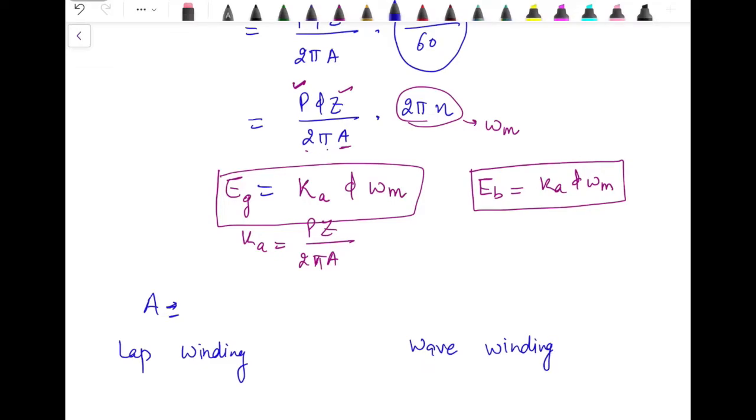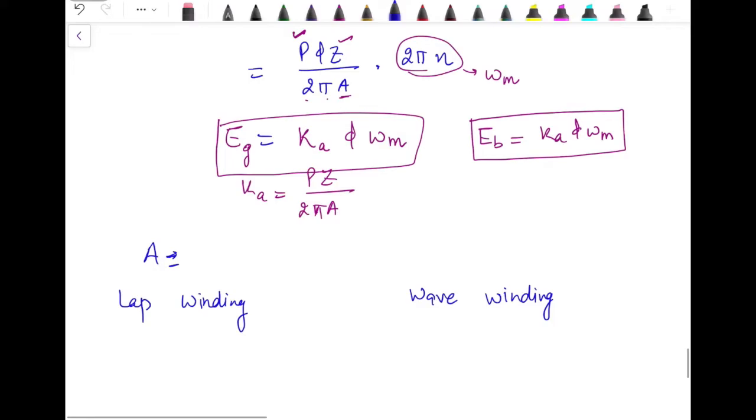In lap winding, the ends of each armature coil are connected to adjacent segments on the commutator, so that the total number of parallel paths is equal to the total number of poles. So A is equal to P, while in case of wave winding, the ends of each armature coil are connected to commutator segments some distance apart, so that there are only two parallel paths. So A is equal to 2 in case of wave winding.